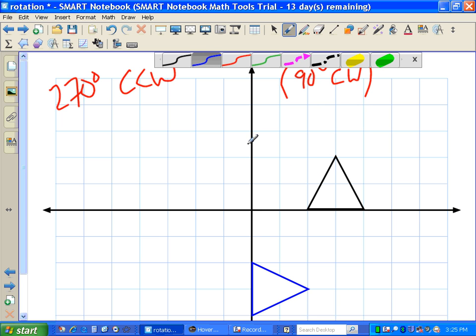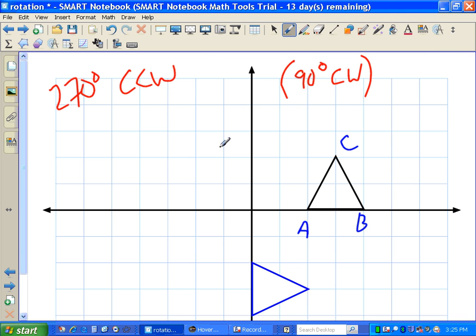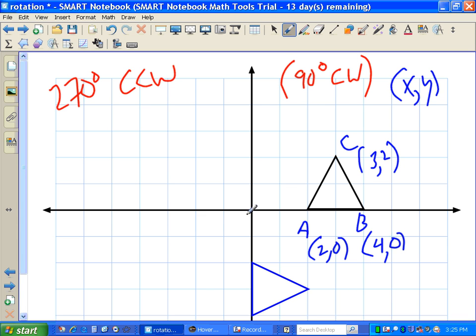Okay, so blue pen, A, B, C. Coordinates of blue: still (2, 0), still (4, 0), still (3, 2). Remember, x, y, just like in the alphabet. Okay, x direction, y direction. Okay, (3, 2). Let's get the black pen out.